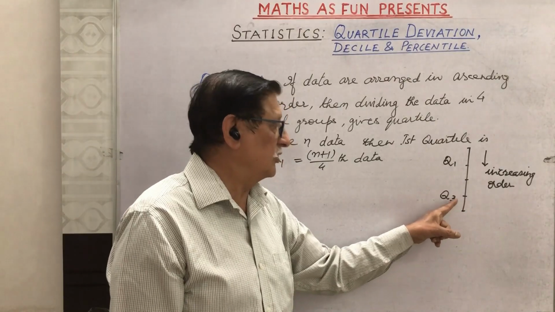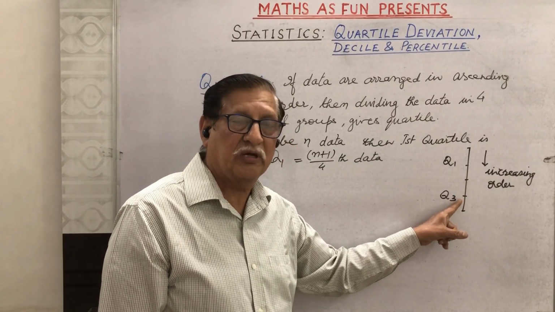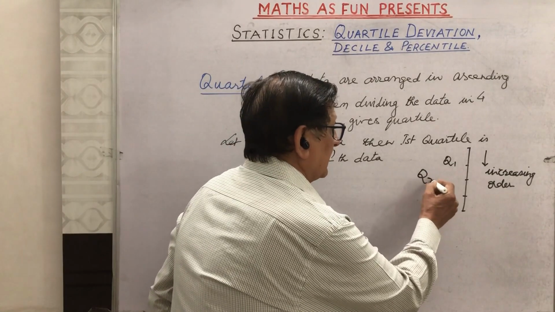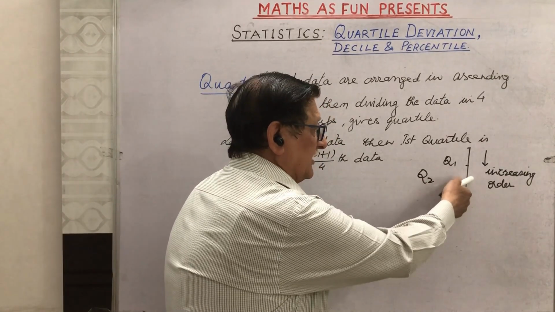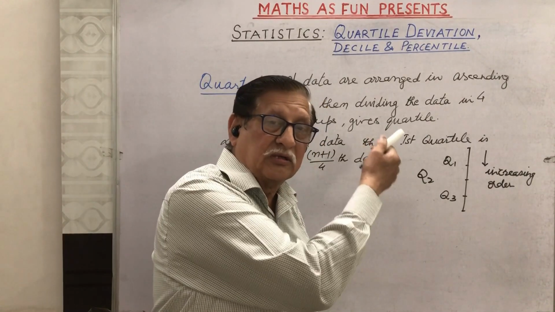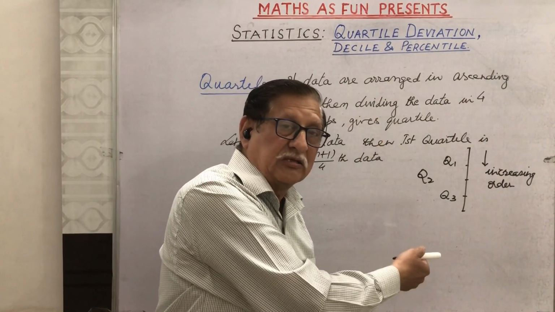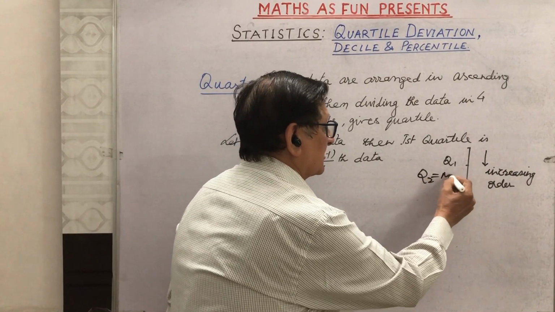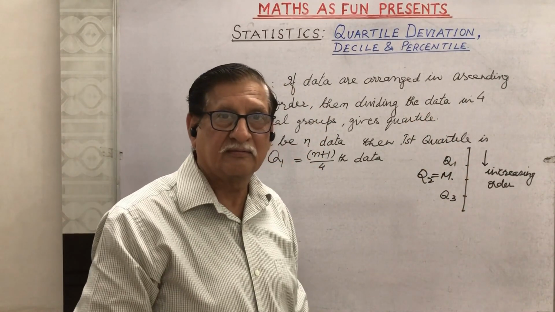The third one is known as quartile 3, that is represented by Q3. And Q2 will be in the center, and we know the data which lies in the middle is also known as the median. So this Q2 is representing the median.